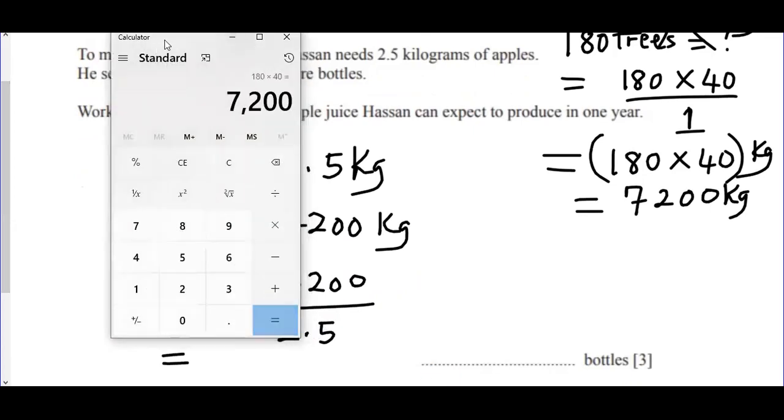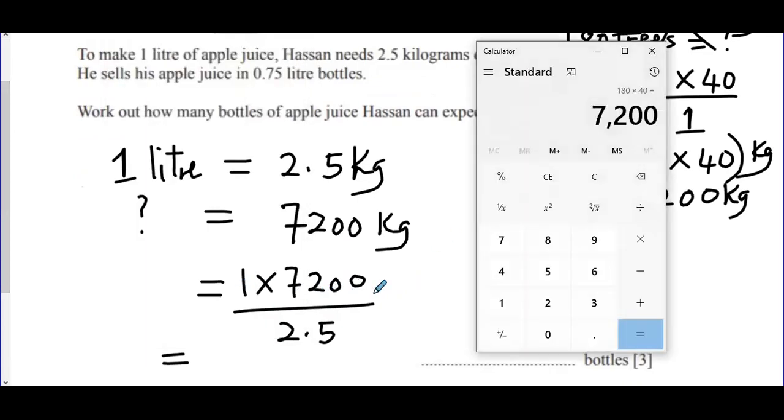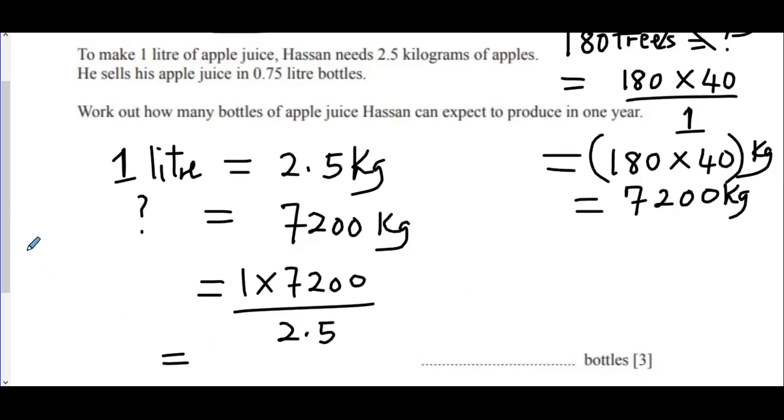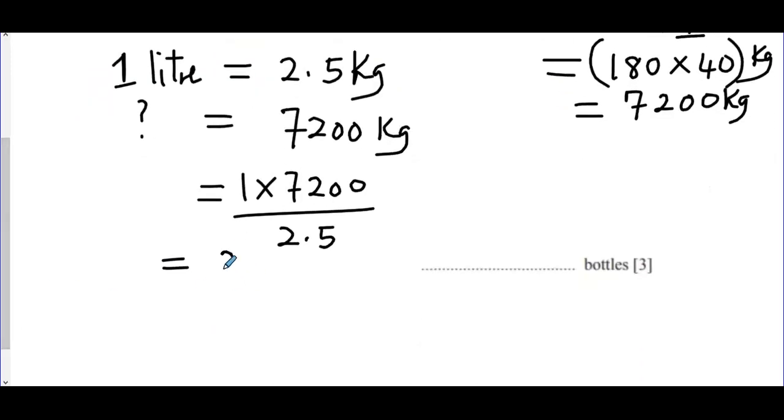This will be equal to 1 times 7200, remaining the same number. So you take that number, which is 7200, and divide by 2.5. You end up getting that 7200 divided by 2.5, the answer is 2880.